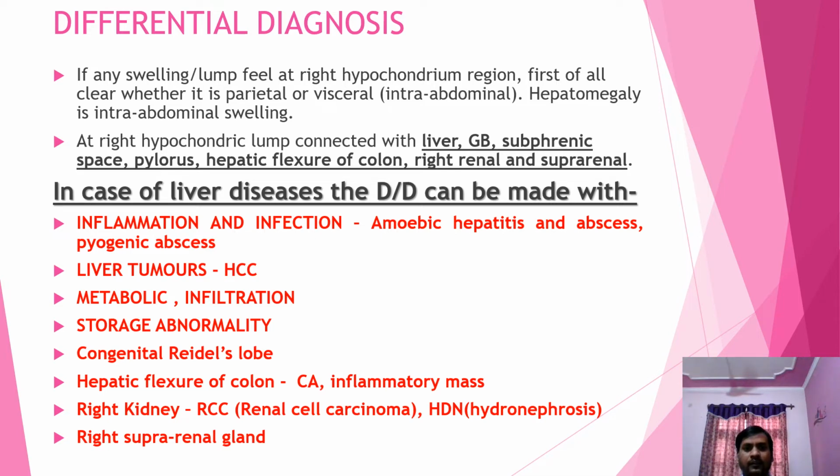In liver diseases, it can be inflammation and infection like amoebic hepatitis, abscess, pyogenic abscess, liver tumors like hepatocellular carcinoma, metabolic disorders and infiltrations, storage abnormality, congenital Riedel's lobe; hepatic flexure of colon carcinoma or inflammatory mass; right kidney renal cell carcinoma, hydronephrosis, and the right suprarenal gland.